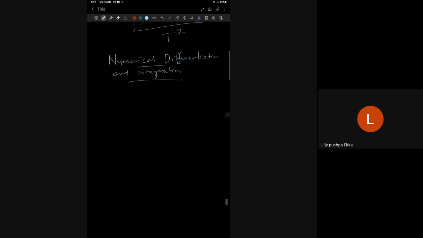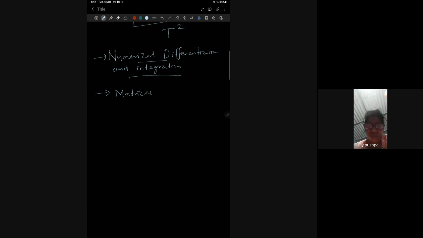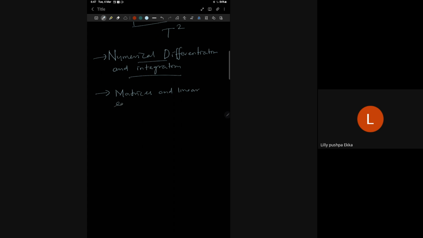For that also we need these techniques, matrices and linear equations. Linear equations, ordinary and partial differential equations.